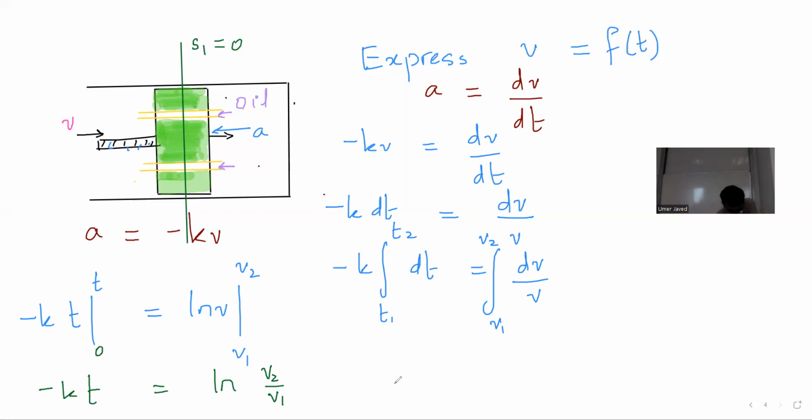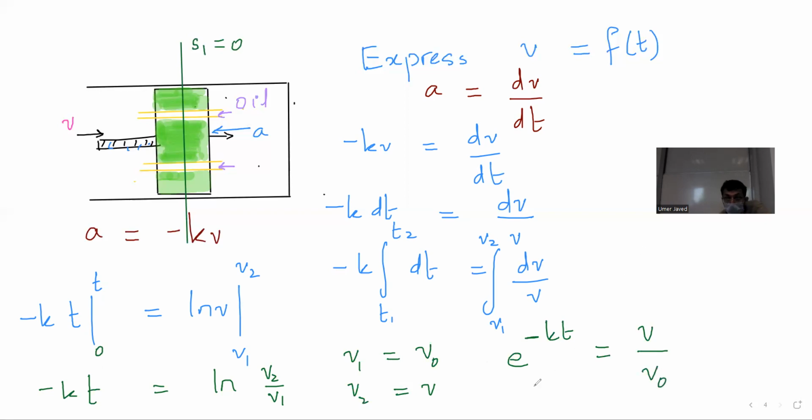So then you just take a nice and beautiful e power. Just one quick remark. V1, I will call it as V naught, and V2, I will call it as V. Probably in the beginning, I should have told you. So I have e power minus KT equal to e power natural log of V2 over V1.